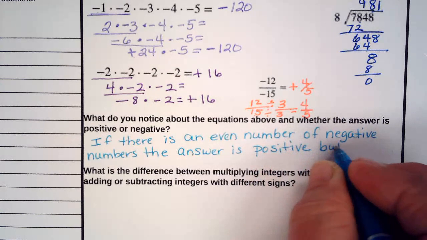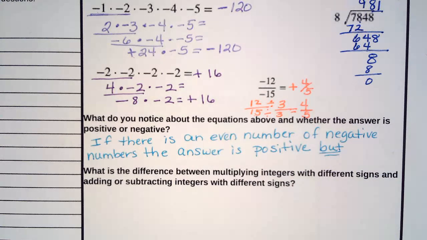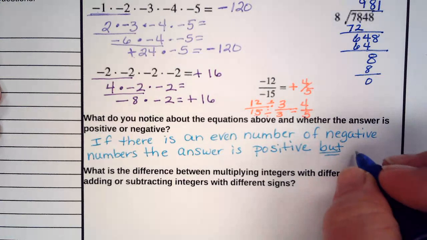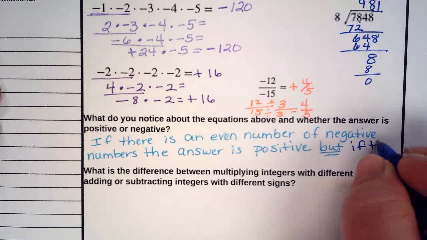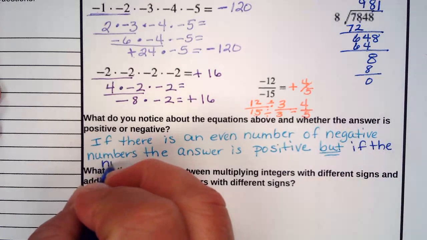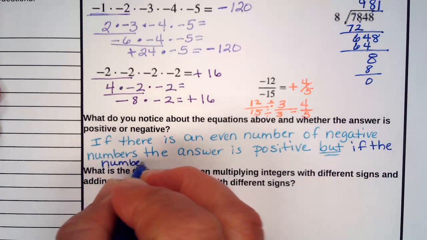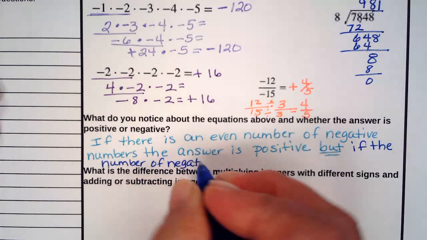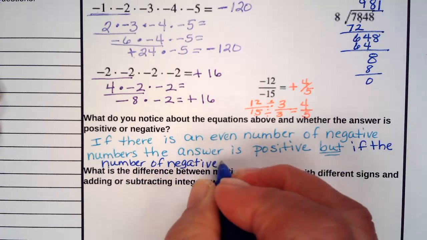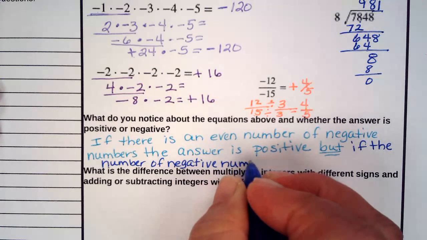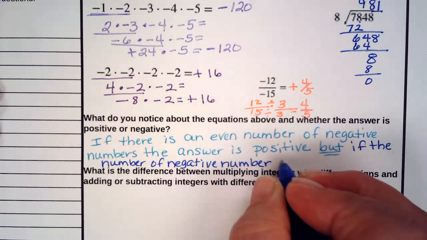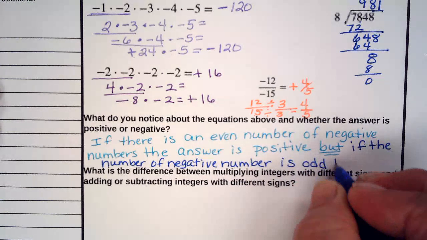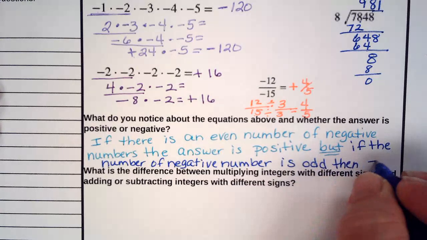But if the number of negative numbers is odd, then you have a negative answer.